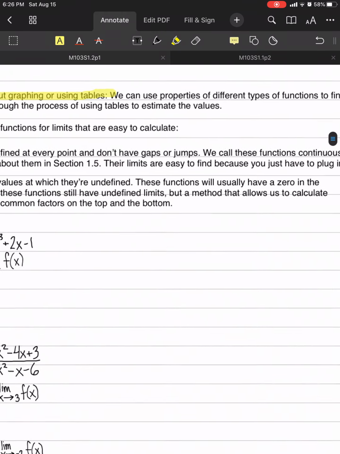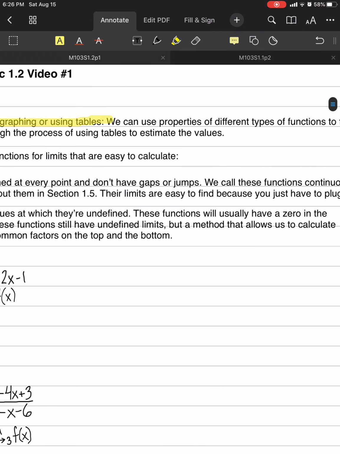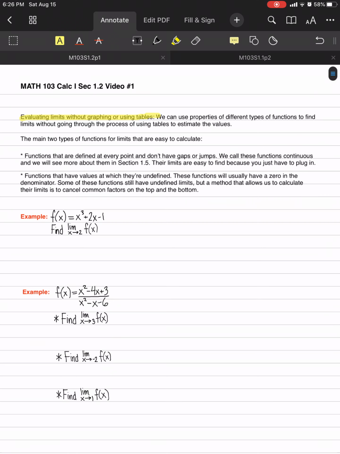What we're going to look at here is different types of functions, and we're going to find the limits based on what type of function we have. There are actually several types of functions, some of which we're not going to talk about in here.